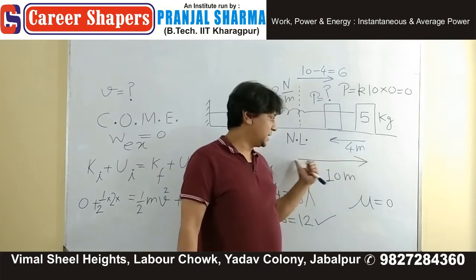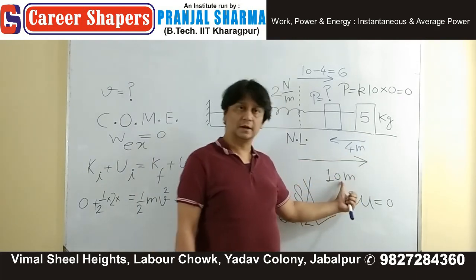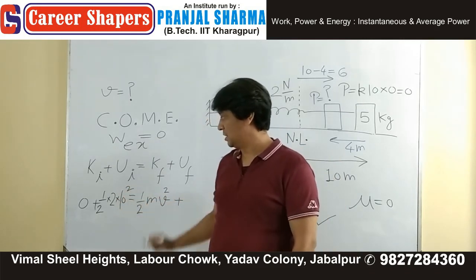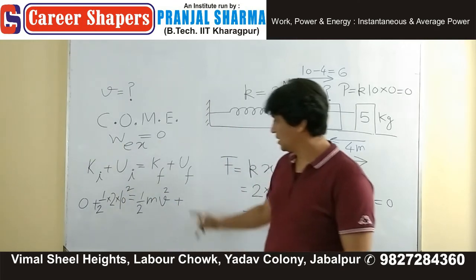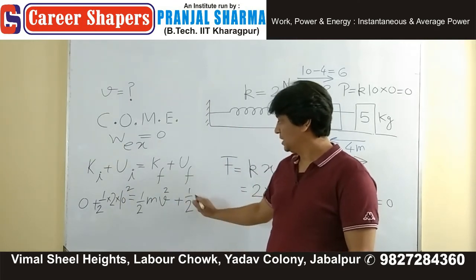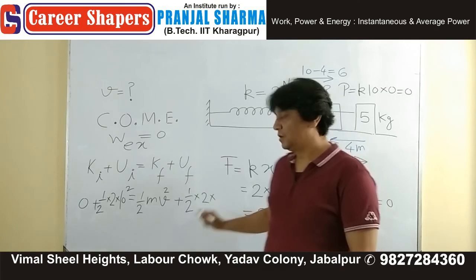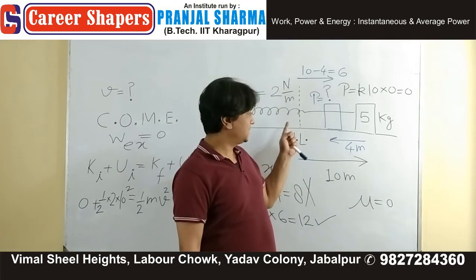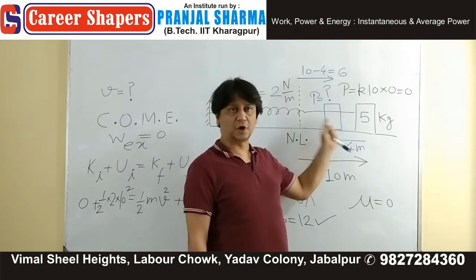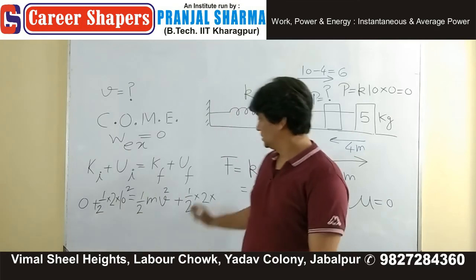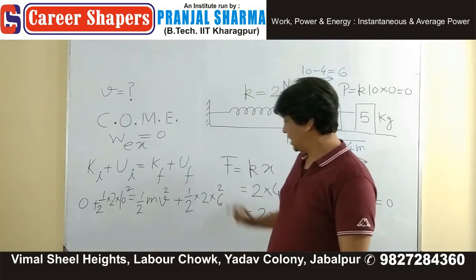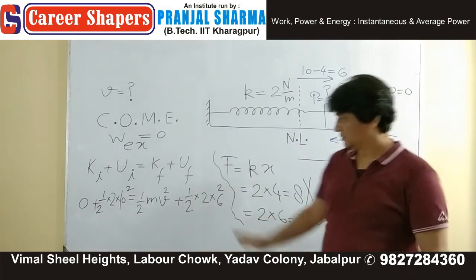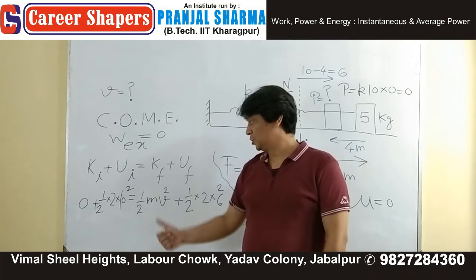At the start your x is how much? 10, half k x squared. Finally you have come to 4 here, but this is not the value of x. x is always taken from the natural length, which is 6, so half k 6 squared. Shift, solve, you will get v.